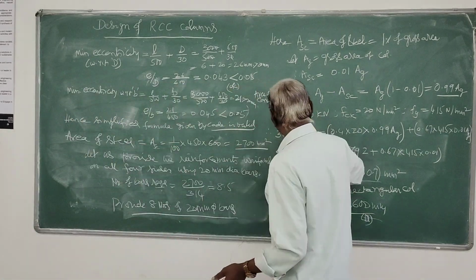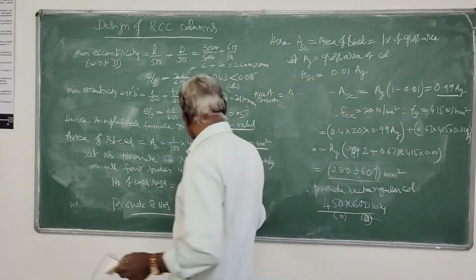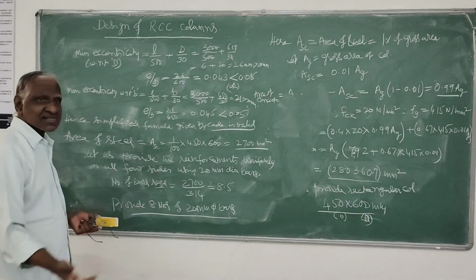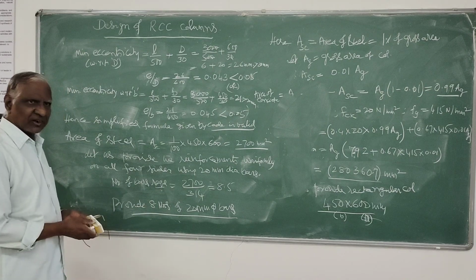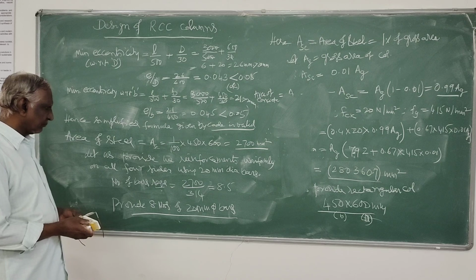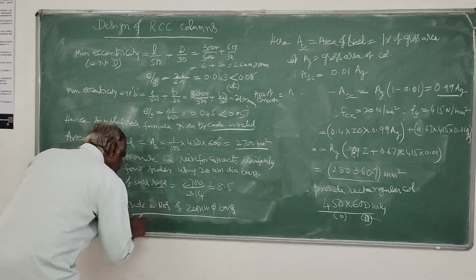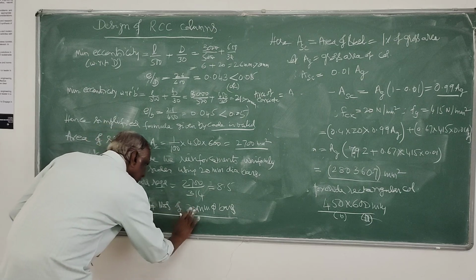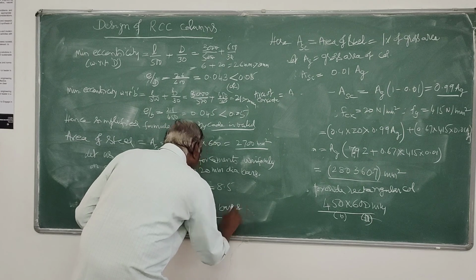Or we can go for 4 numbers of 20 and 4 numbers of 16.